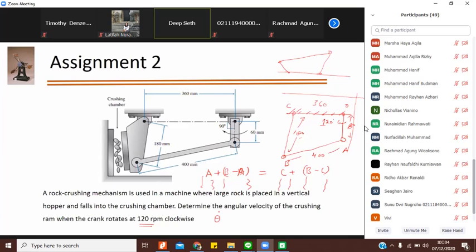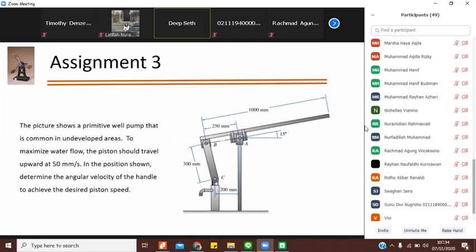From this angular velocity, you can find the speed or velocity of A, and you know the velocity of A. From that, you just have to find the velocity of AB, and using the velocity of A and omega AB, you can find the velocity of B very easily. Okay, so try it once again with the vector loop method.